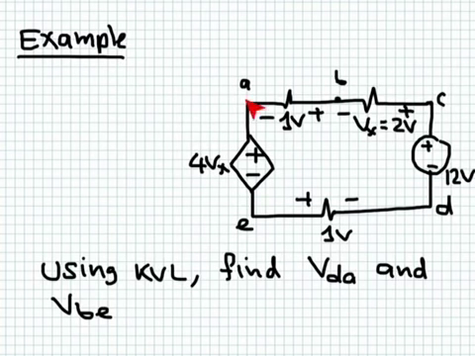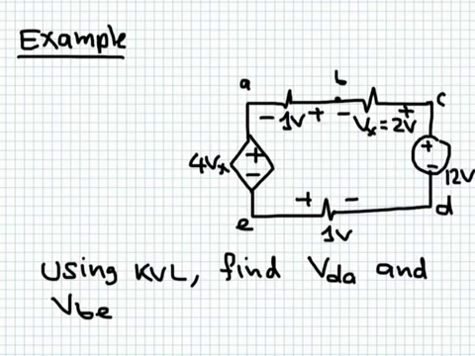Now point A is higher than point E by 4Vx. This is all coming from applying KVL. So if this is higher than this one by 1 volt, and this one is higher than this one by 4Vx, which is equal to 8 in this case, then point A is higher than point D by 9 volts.